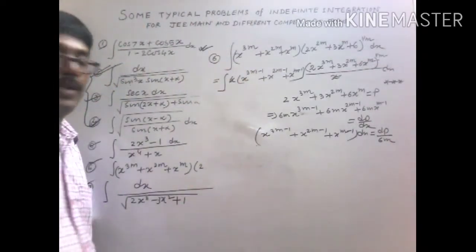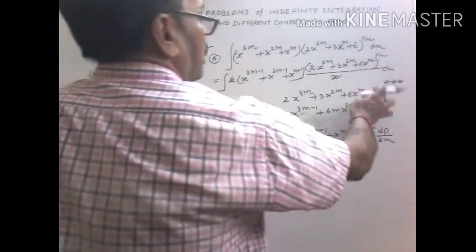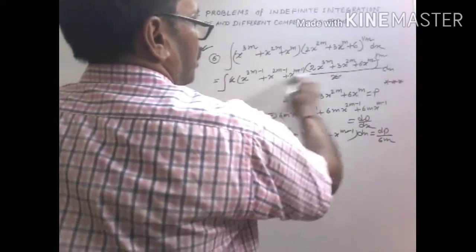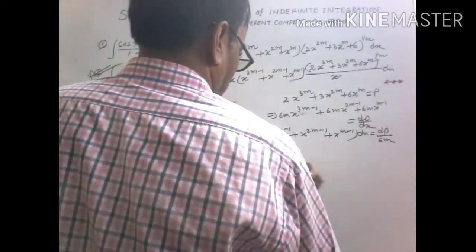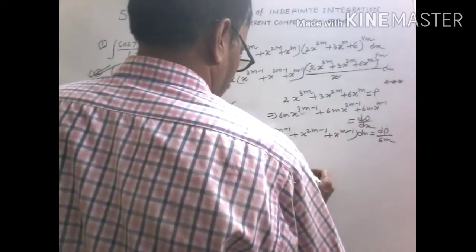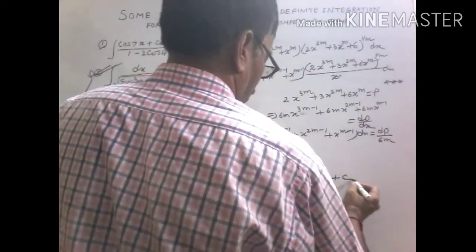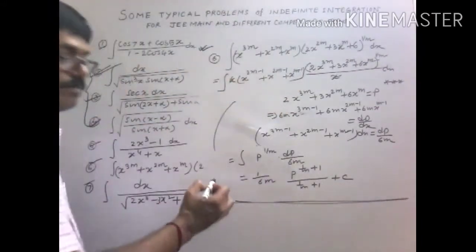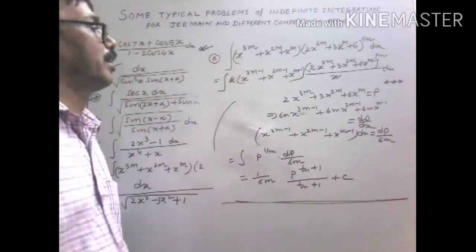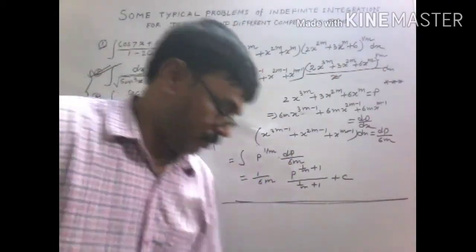If we put the value, this one is p to the power 1 by m, and this into dx equals dp by 6m. So 1 by 6m outside, p to the power 1 by m plus 1, over 1 by m plus 1. So we get the solution. Putting the value of p, we get the solution. This is our main aim, to put it in terms of standard form.